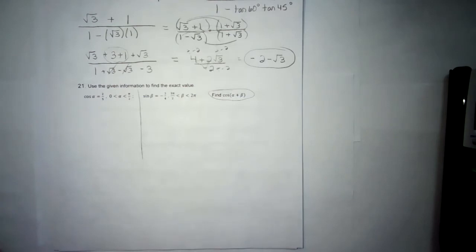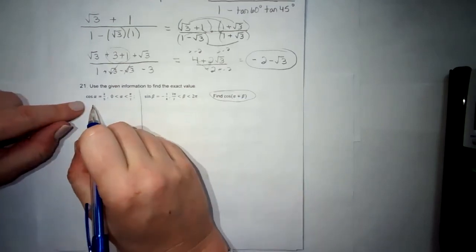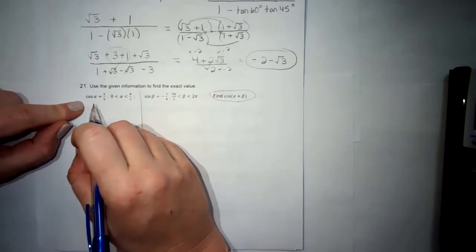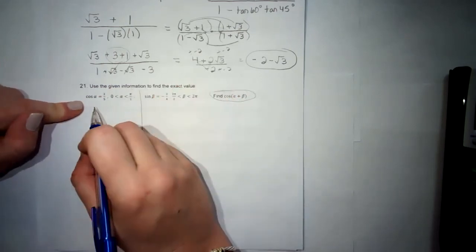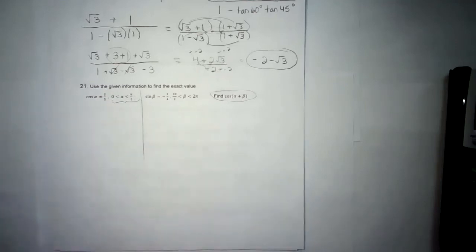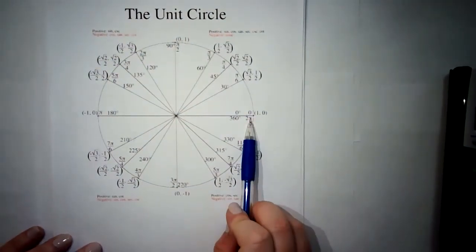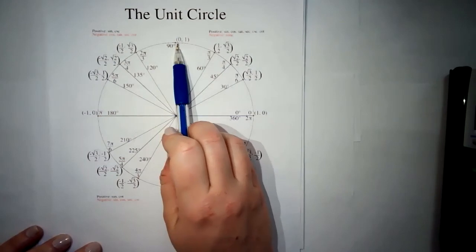Okay. All right. So here we go. So we're gonna need all the information from alpha, okay? And what we notice is we have the quadrant. So alpha is between 0 and pi over 2. So if we go to our little chart, here's 0, here's pi over 2.